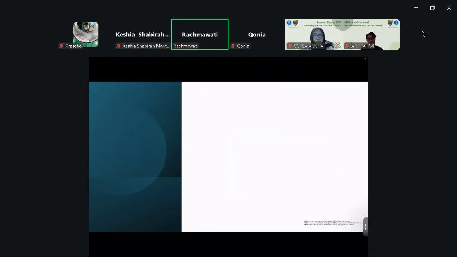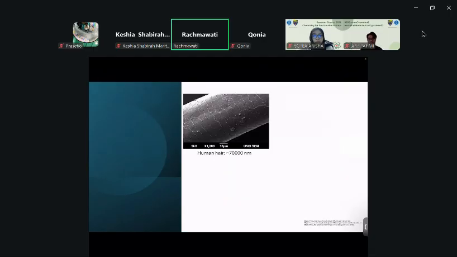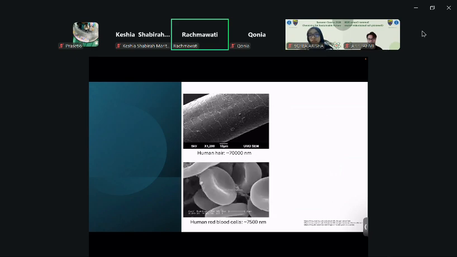And then if we compare the size, for example, if we see the human hair, the width is around 17 micrometers, and then if we compare to, let's say, red blood cells in our body, it's around 7.5 micrometers.